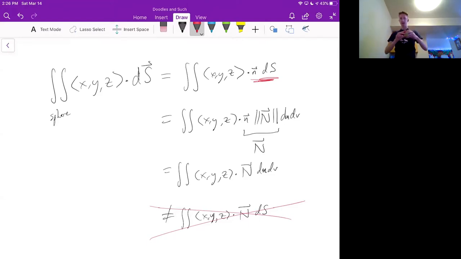My first hint would be, how can we use 4a to show that, well, one thing is, let's use the fact that x, y, z does have a scalar potential. Let's find a function whose gradient is x comma y comma z.